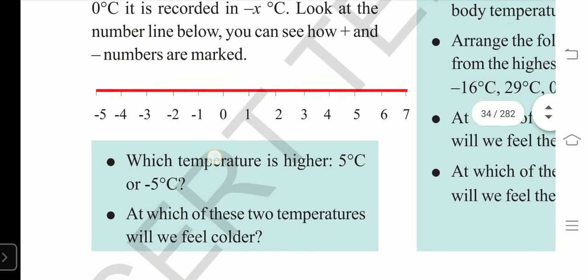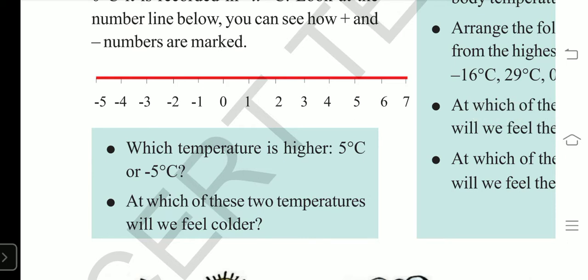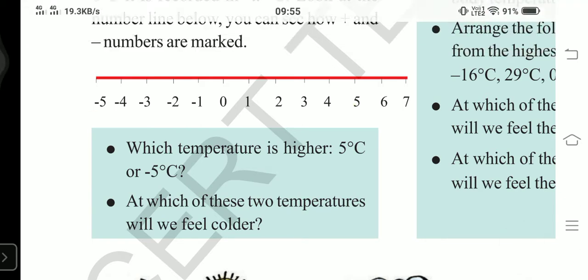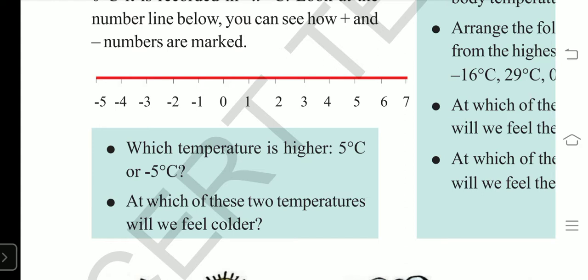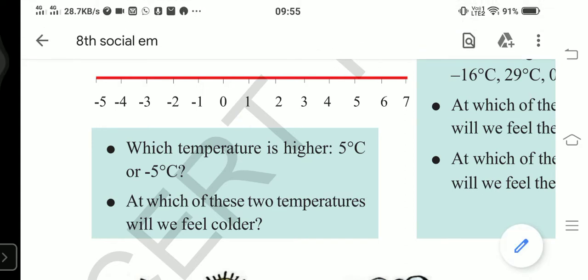That is 10 degrees centigrade, right? There is a 10 degrees centigrade difference between 5 degrees centigrade and minus 5 degrees centigrade. Is it clear? Then at which temperature do we feel it is cool?